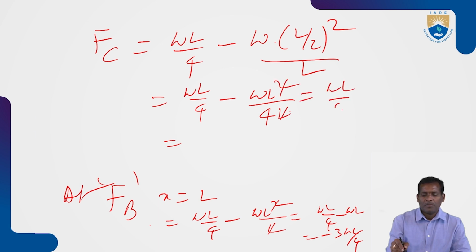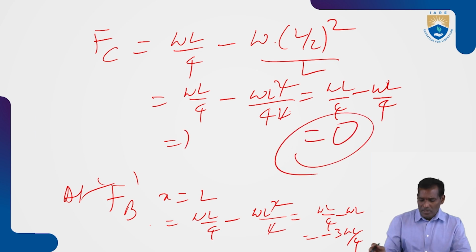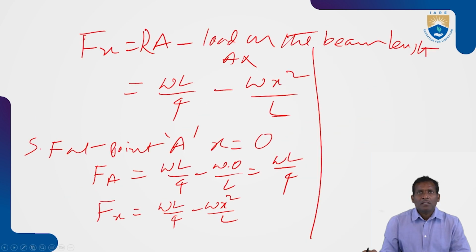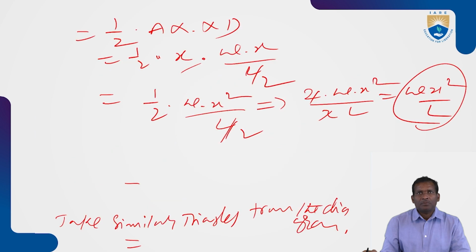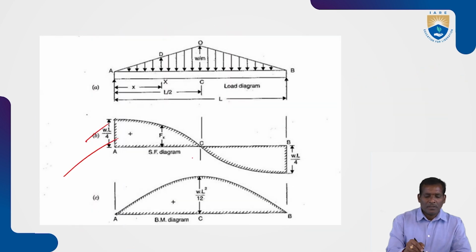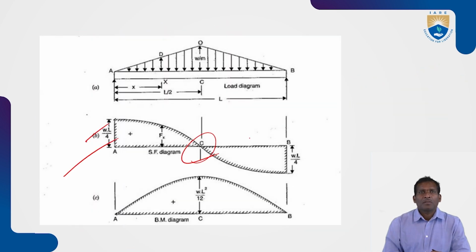Now WL by 4 minus WL by 4 you will get 0. At C point there is no shear force, so that's why the value here is 0. Again the shear force changes its sign from positive to negative at B, WL by 4.